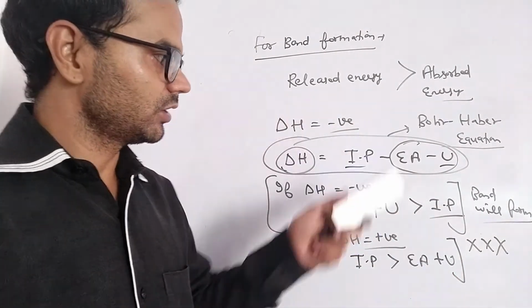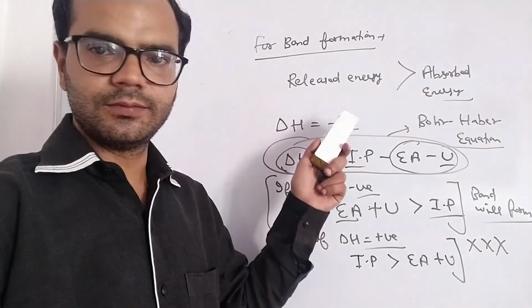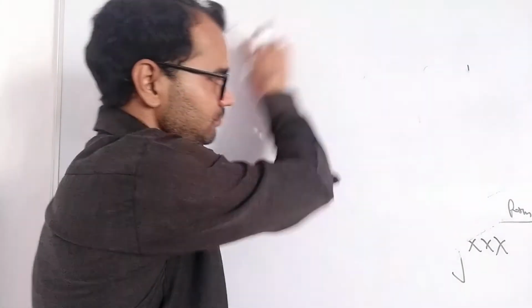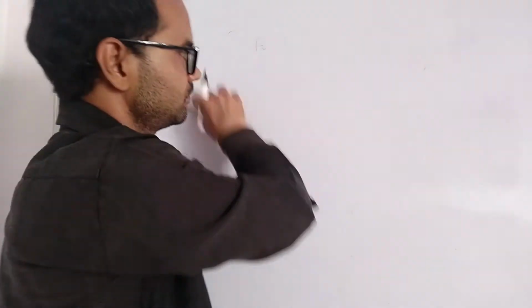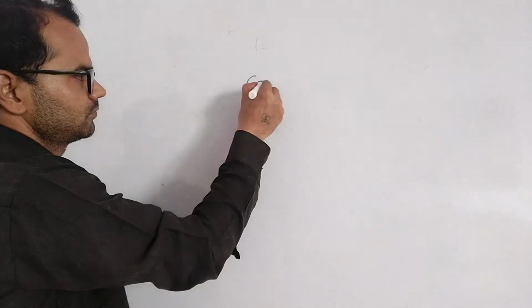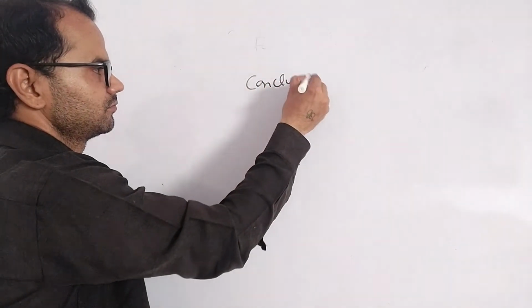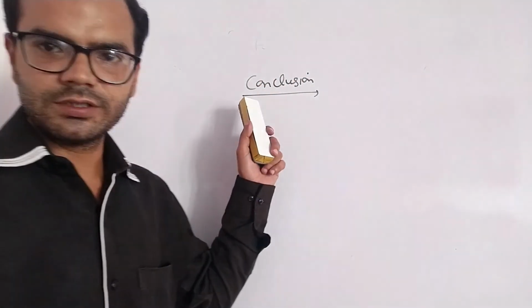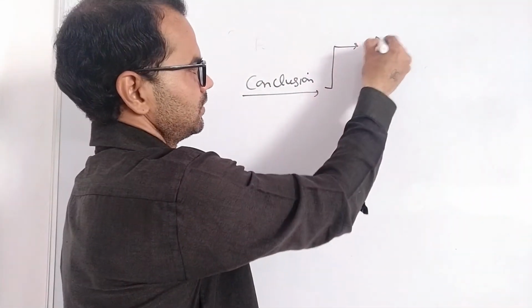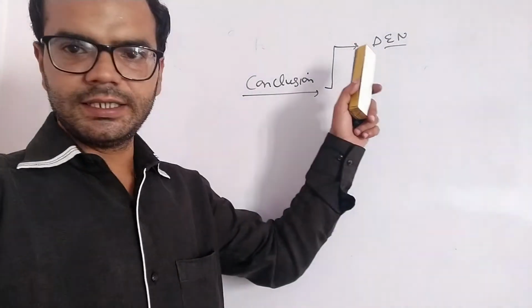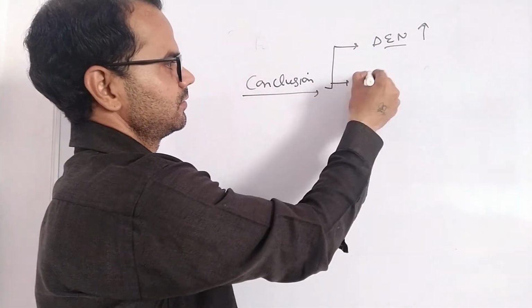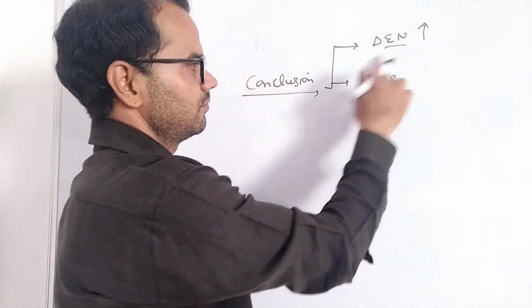So, what is the conclusion of ionic bond formation? First conclusion is delta EN must be higher. Second, ionization potential must be lower.